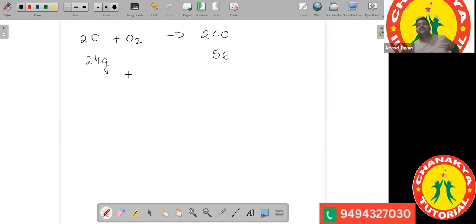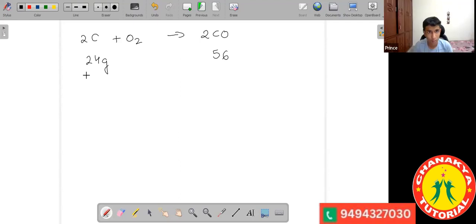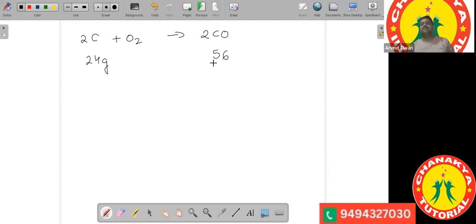So how many grams of oxygen will be required? 32. Okay. So if you subtract 56 minus 24, you get 32. So 32 gram of oxygen is required for the reaction to complete.